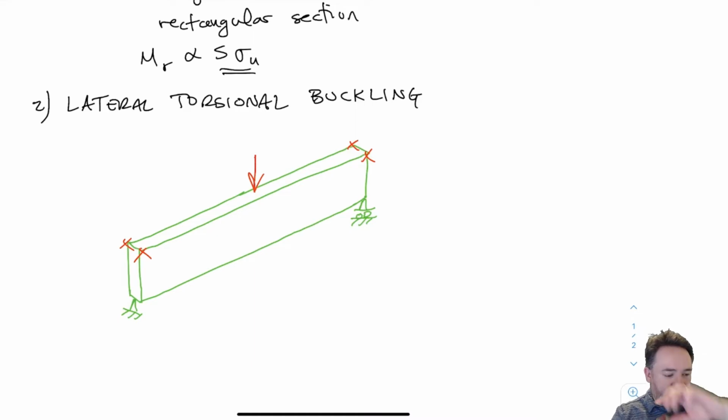It can't do that. And when we design timber beams, we always have to restrain it like that, no matter what. So all timber beams, you'll see when we talk about moment resistance for lateral torsional buckling, all of the cases assume that it's restrained like this, so that it's restrained at the top and bottom, at least at the ends, where it's bearing.